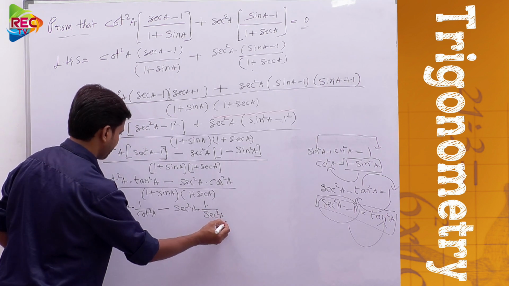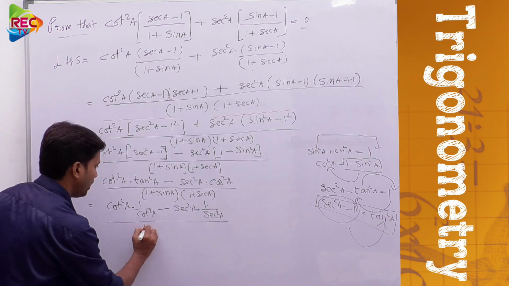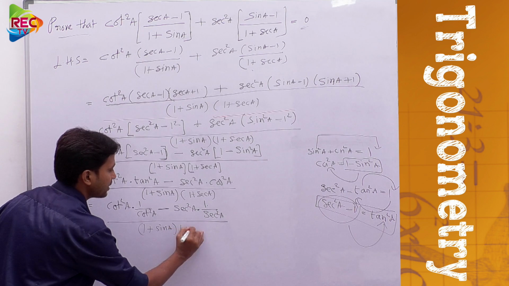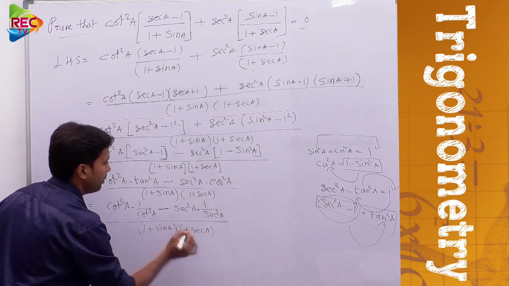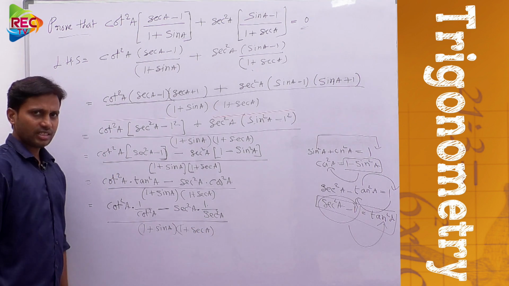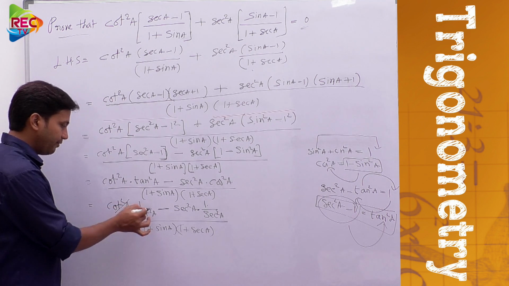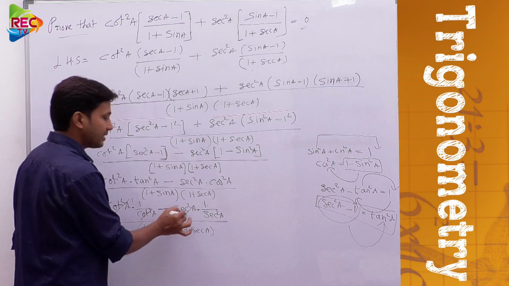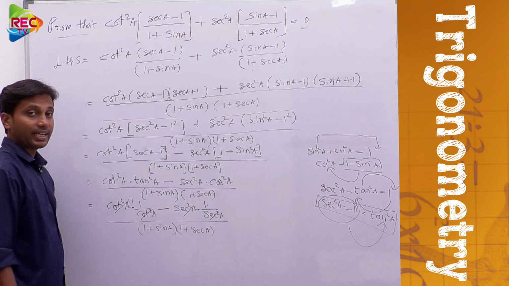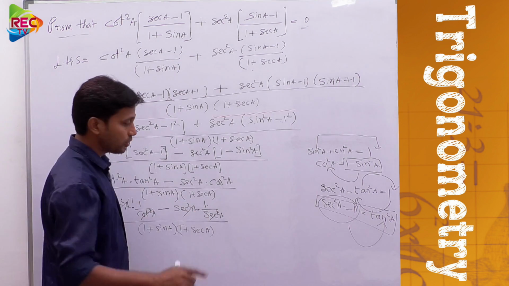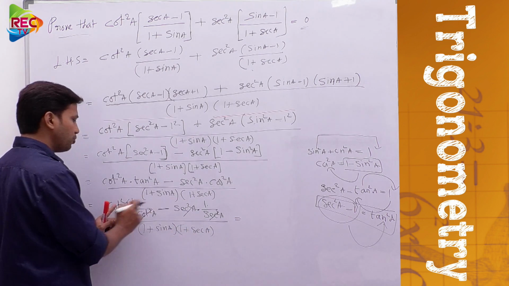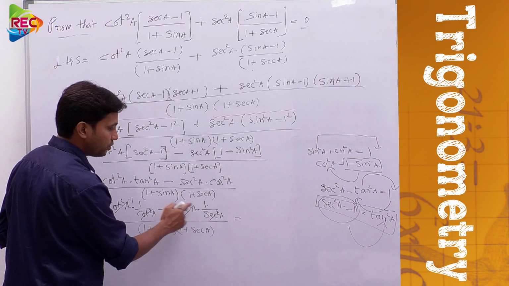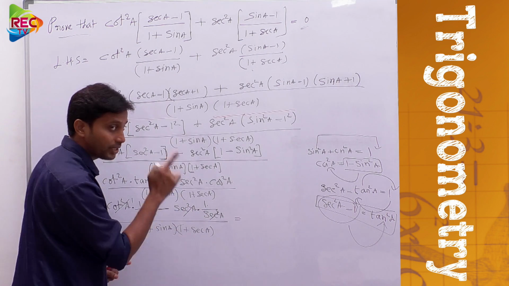By 1 plus sin A into 1 plus secant A. Just imagine cos square A will be cancelled in this term and you will obtain 1 here, and here secant square A will be cancelled, and you get 1 here also. So what is finally the numerator part? Here these two are cancelled to get 1, and here the numerator and denominator parts are cancelled to get 1 again.